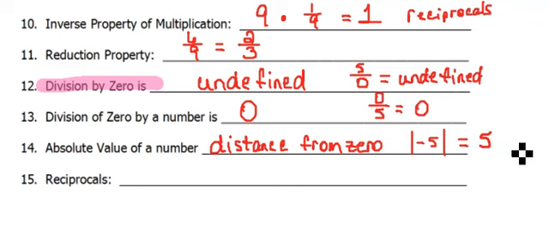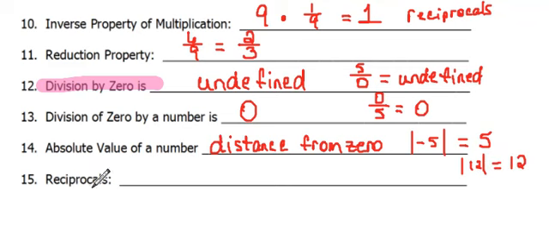It would be 5 units away from 0. So the absolute value of -5 is 5. It literally means how far away from 0 is -5. If we were to have the absolute value of 12, that literally means how far away from 0 is 12, and that would be 12 units.